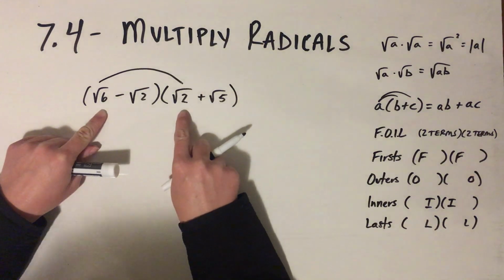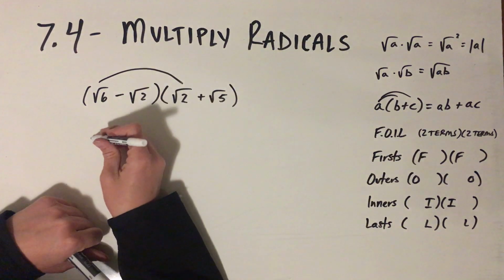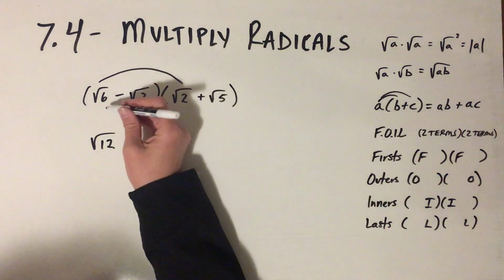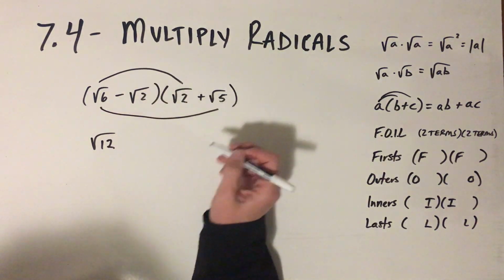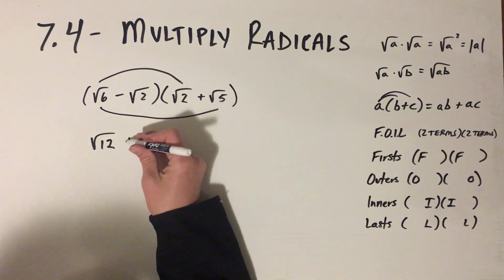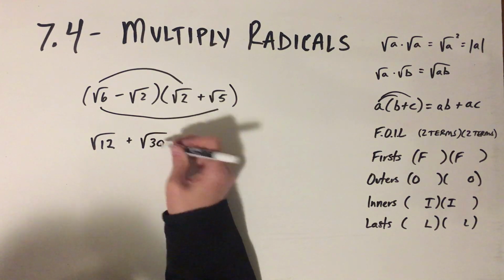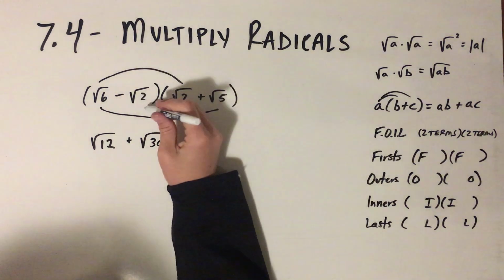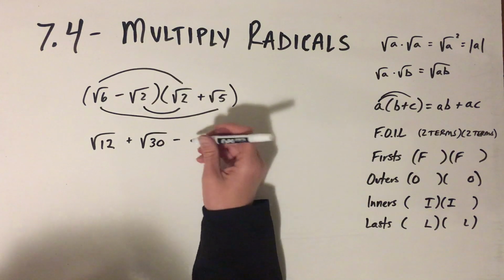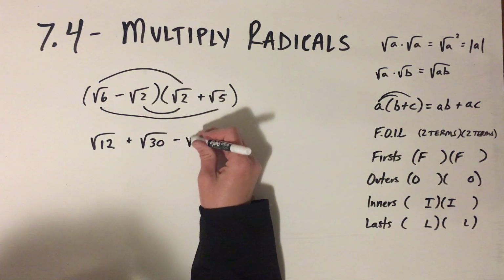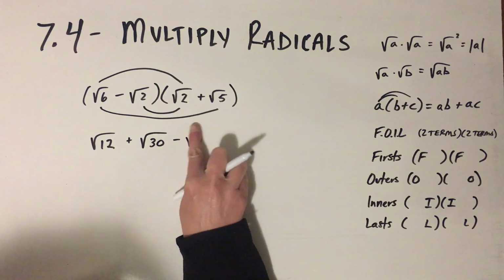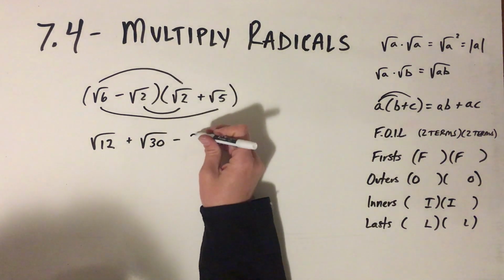Again, both of these are underneath, so 6 times 2 is going to be the square root of 12. Then I'm going to do the outers. 6 times 5 is 30, and they're both underneath, so I'm going to say the square root of 30. The inners, I'm going to get a negative. The square root of 2 times the square root of 2 is the square root of 4.